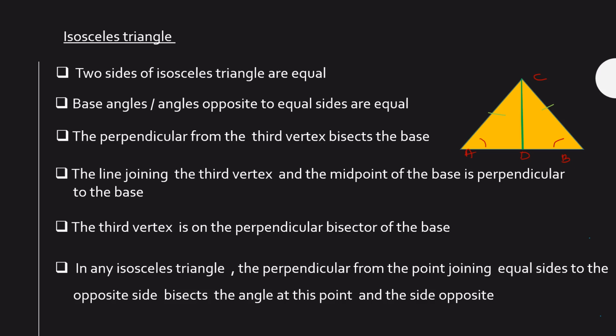And we have said that here AD and BD are equal. And also this angle, that is angle ACD and angle DCB are also equal. That is the perpendicular bisects the base and the angle at the vertex also. This is a very important result. So keep all these properties in your mind.